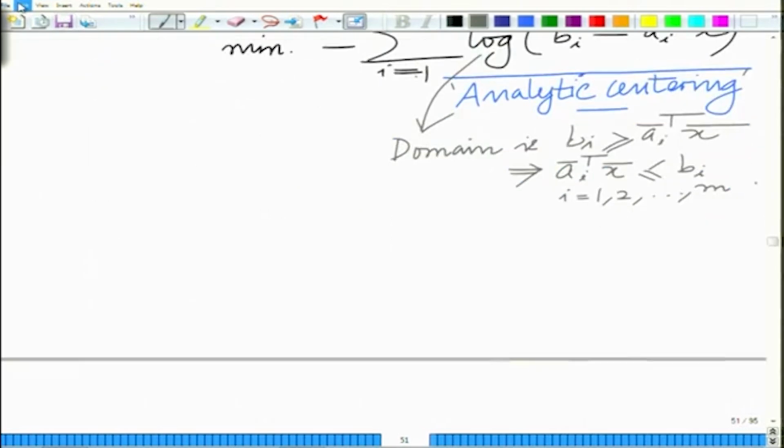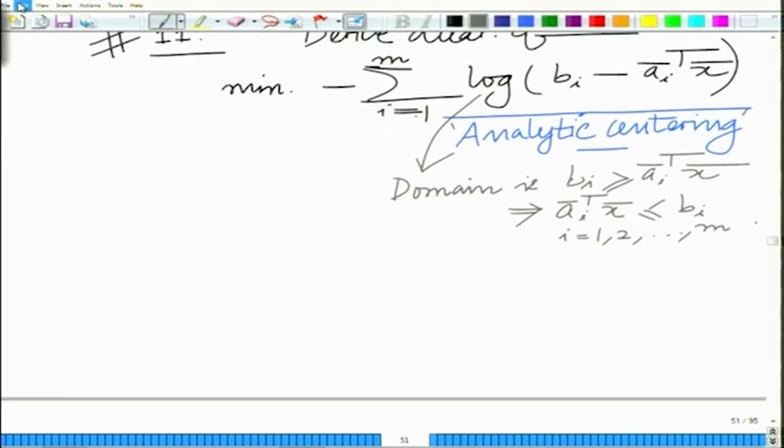Okay. So, this is an intersection of, as we know, half spaces. So, this is a polyhedron.